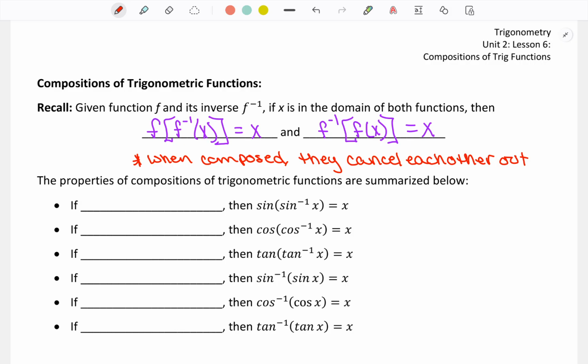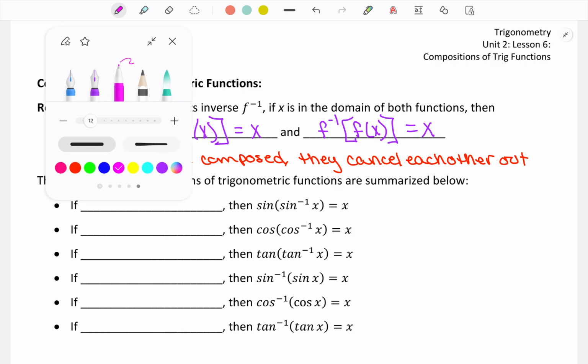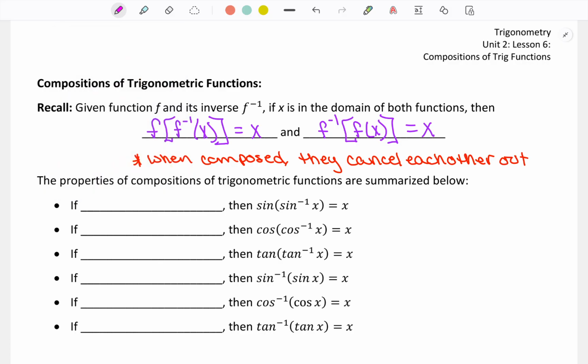We also have to deal with the same domain restrictions for our functions and our inverse functions. If -1 is less than or equal to x, which is less than or equal to 1, then the sine of the arcsine of x is going to equal x.